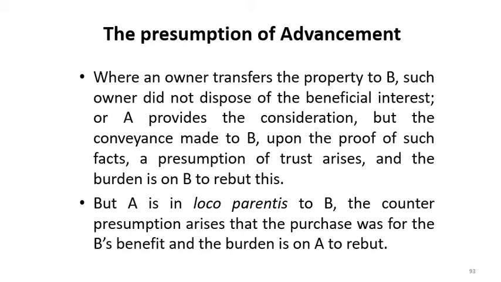Then there are two matters or two issues that must be proved by the owner of the property. First, the owner must prove that he has transferred his property to B. Second, he must prove that he did not dispose of the beneficial interest to the transferee.